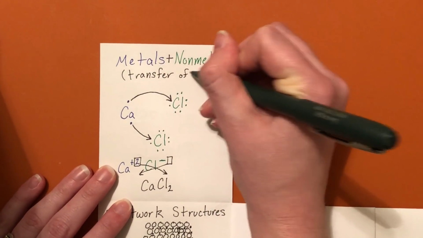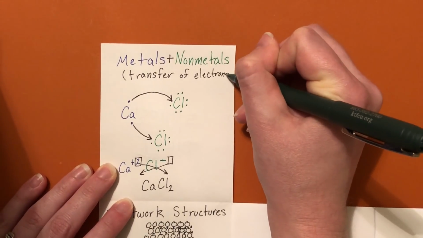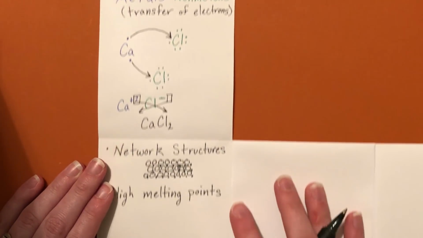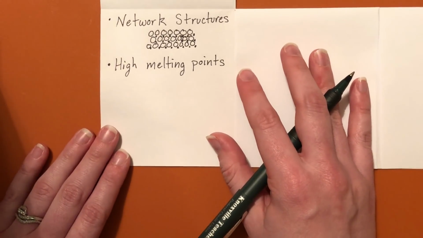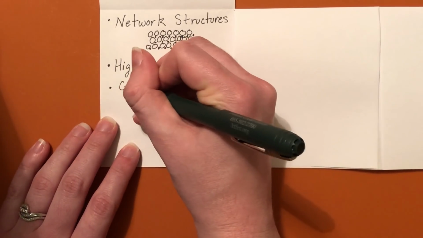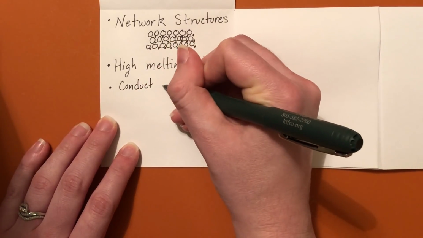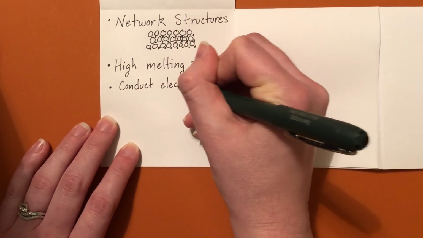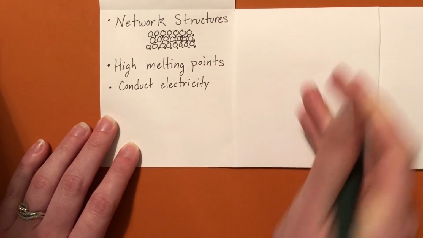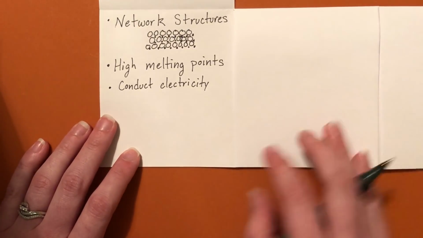The transfer of electrons is a key piece to ionic bonds. So this transfer of electrons means that they can conduct electricity really well.